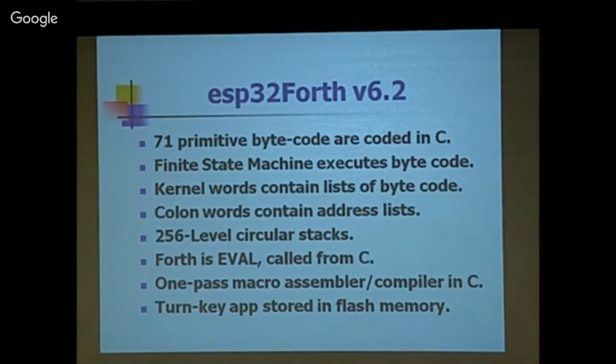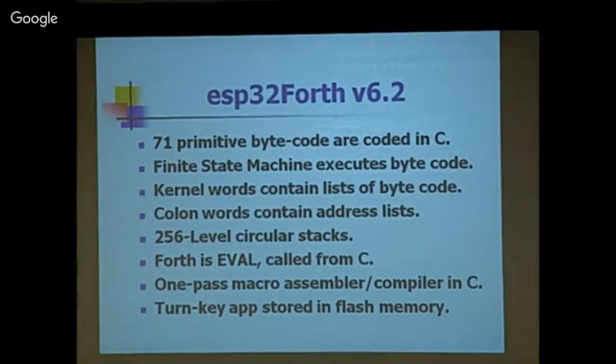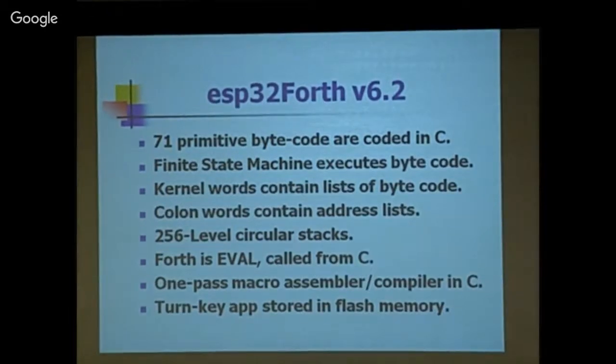So the kernel words have just a list of bytecodes, and the finite state machine can execute them one by one. The colon word contains address lists. Okay, so they are just a bunch of tokens, and tokens are just addresses which the finite state machine knows where to jump to, and then process the list.